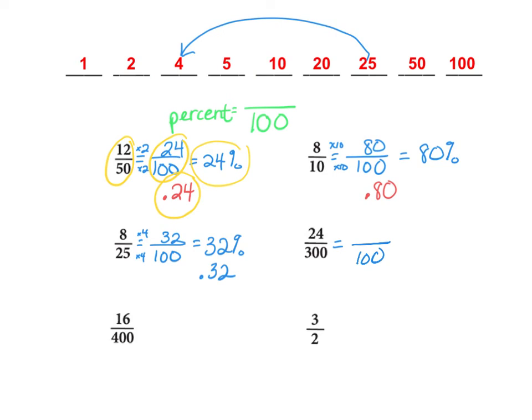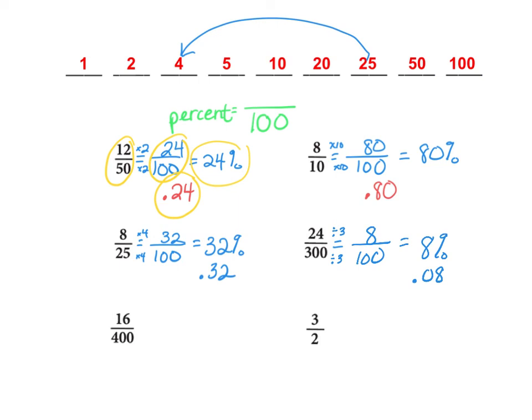Hopefully you are thinking 300 gets divided by 3 to turn into 100. So therefore at the top, if I divide 24 by 3, I end up with 8 over 100. And what is that as a percent? 8/100ths is 8%. Turning into a decimal, 8/100ths. Remember, we've got to put that 0 in there. That is 0.08. 0.8 would be 8/10.